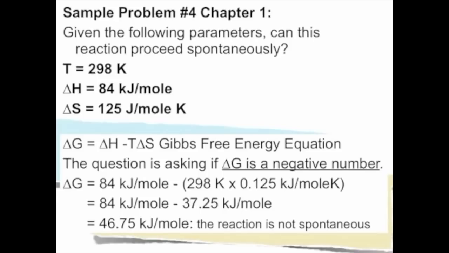We just moved that decimal place over to the left by 3 jumps, 1, 2, 3, to go from joules to kilojoules. We're going to do some math. 84 kilojoules per mole minus 37.25 kilojoules per mole, and we end up with 46.75 kilojoules per mole. This is a positive value. The reaction is not spontaneous.